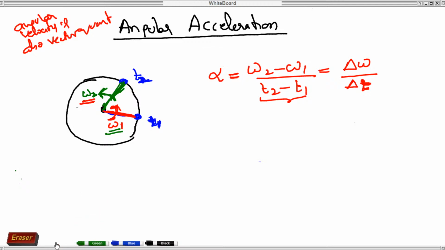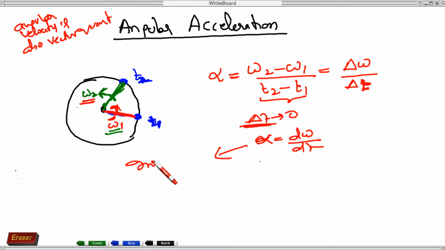Now same thing as delta t tends to 0: alpha is equal to d omega over dt, as I told you earlier also. This will be the instantaneous angular acceleration.